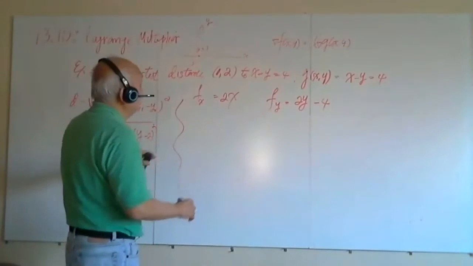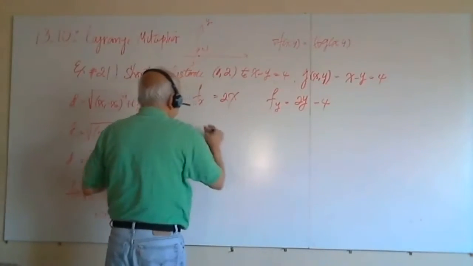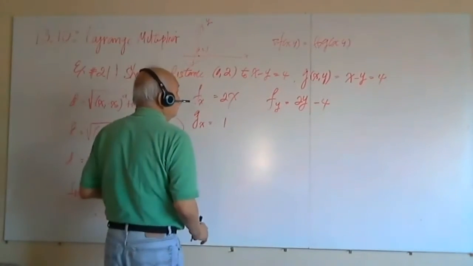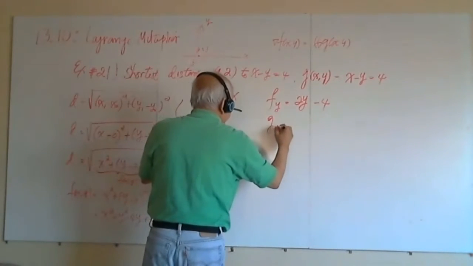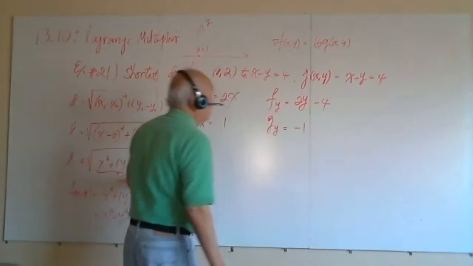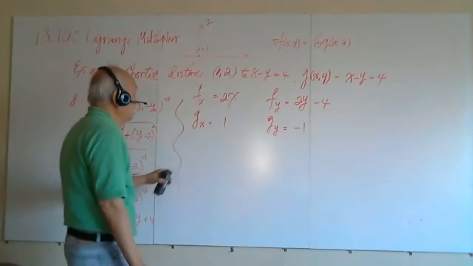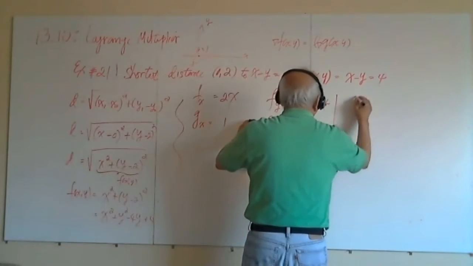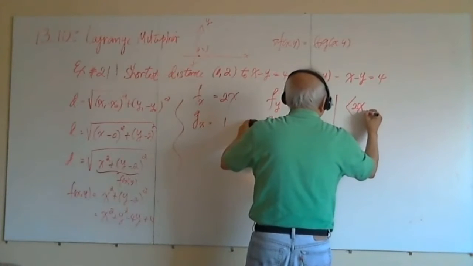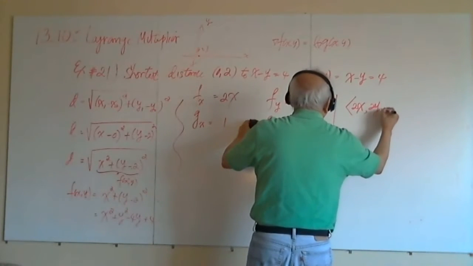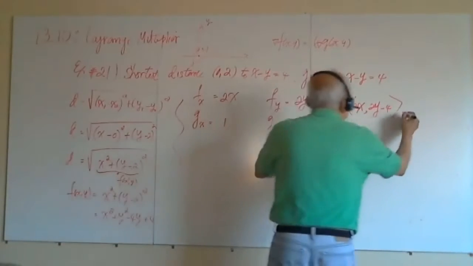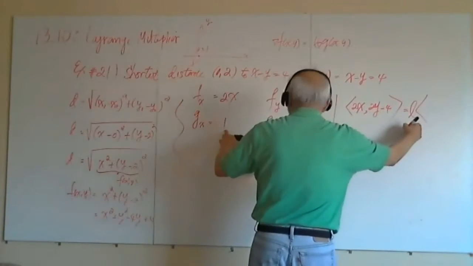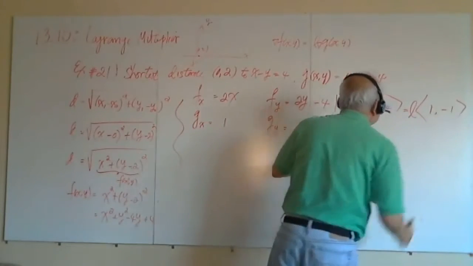The next step is g, because this is what we call the constraint. So g partial x is going to be equal to just 1, right? And then g partial y is going to be equal to negative 1. Now we make an equation, the first line and the second line: angle bracket 2x comma 2y minus 4 equals lambda times angle bracket 1 comma negative 1.